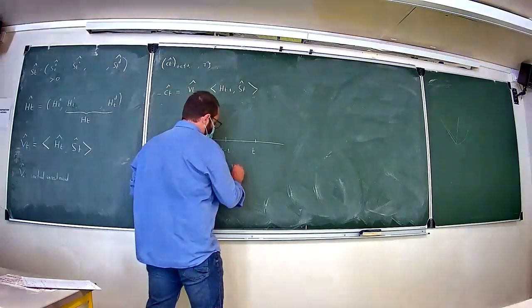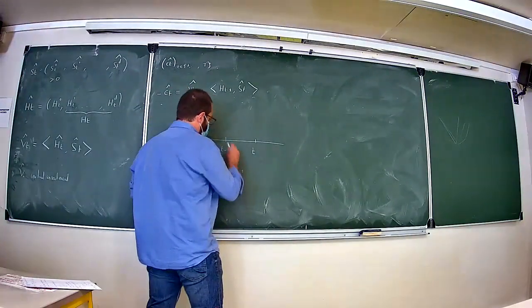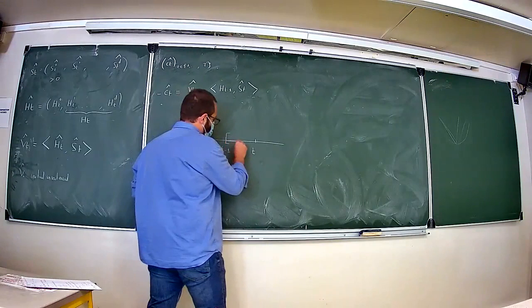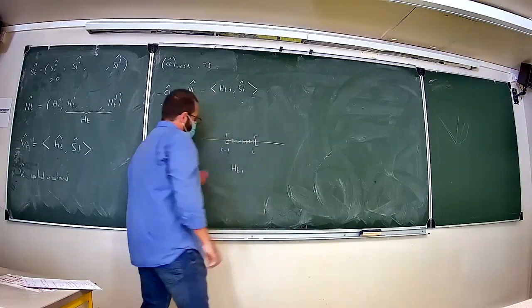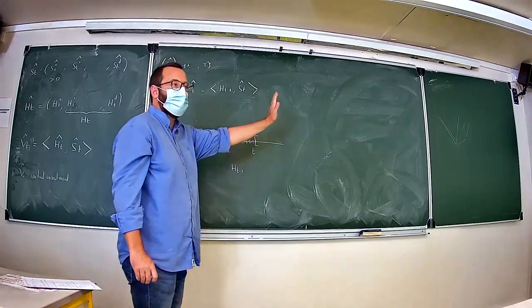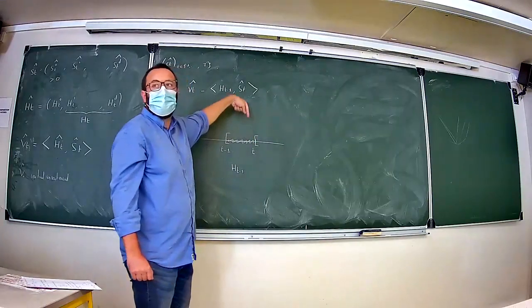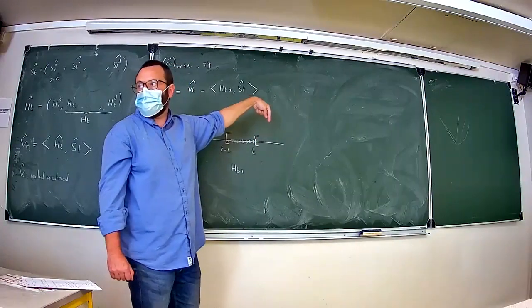What I have denoted by H_{t-1} is in fact the quantity of asset I have here. Keep in mind that I work in discrete time, so nothing happens between t minus 1 and t.